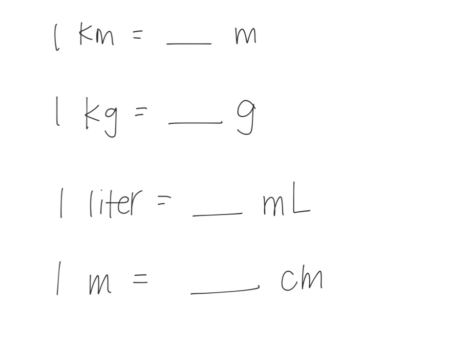In 1 kilometer, how many meters are there? Sonia? Yes. Okay, so write this down in your notebooks. 1 kilometer equals 1,000 meters. The K stands for kilo, which means 1,000, which is why there are 1,000 meters in a kilometer. So if you know that, which one's bigger, 1 kilometer or 1 meter?